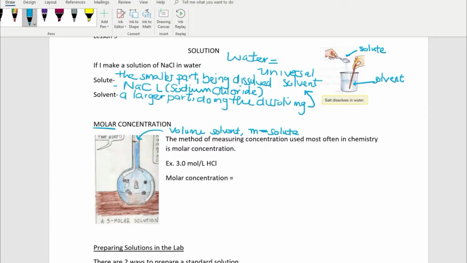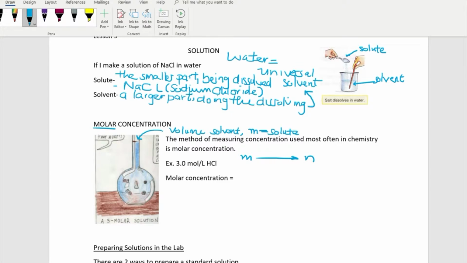So you need to take into account the mass of the solute and also the volume of the solvent, only if you're making a solution from a solid solute. The solute molecular mass will be taken into account in order for us to be able to get the moles. So if you look at your mole highway, we're going from mass, sorry, all the way to our number of moles.